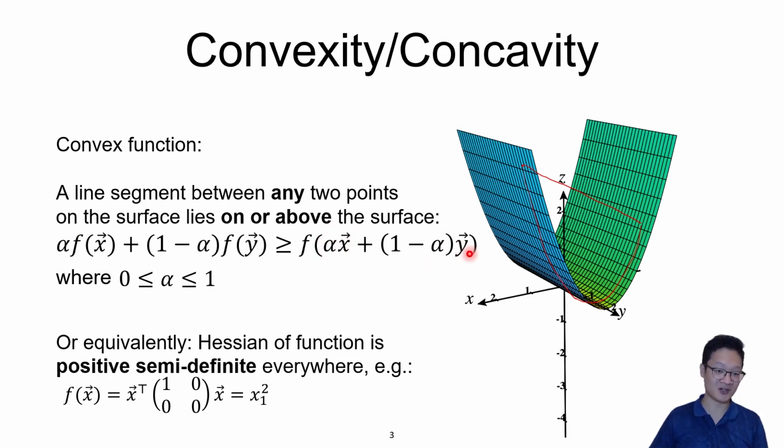Whenever we have linear combinations where the coefficients add up to 1, that's called a convex combination. So another way of saying this is that the convex combination of the function values is always greater than or equal to the function evaluated at the corresponding convex combination of the inputs.